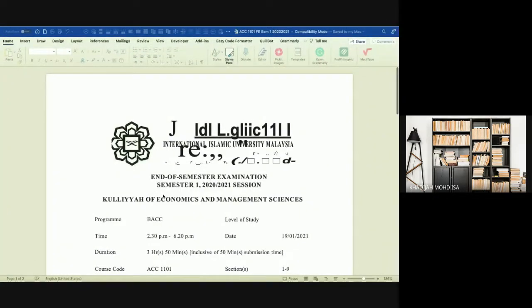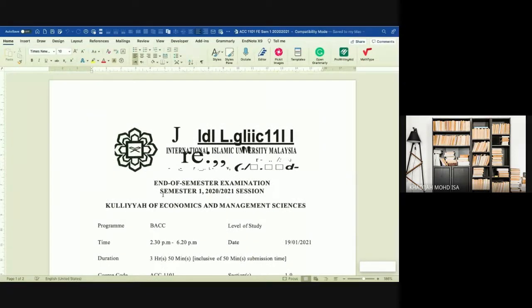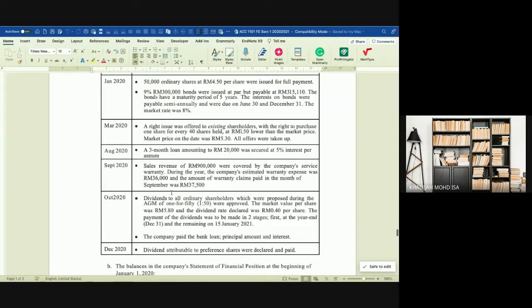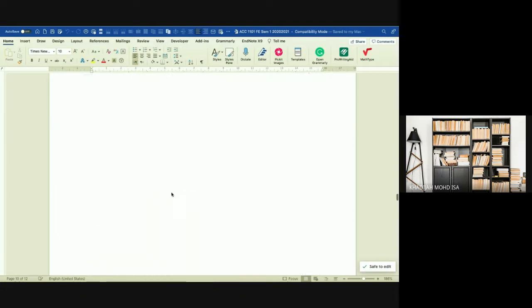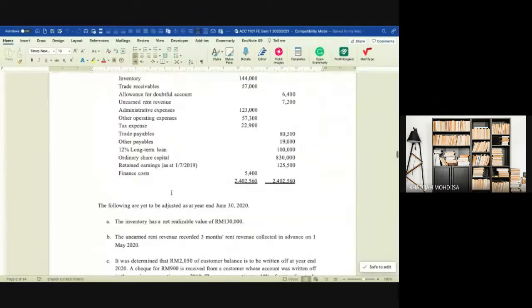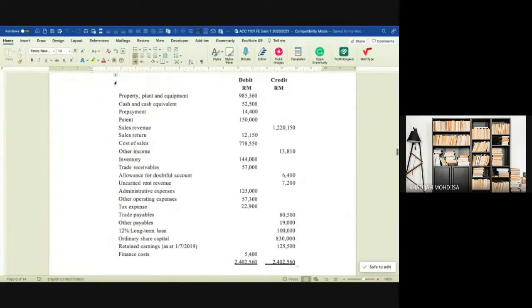Let me see if I can copy paste the information from the Google. Right. So let me, is this the question? Question 1. Right. So given this information, I want to show you how to prepare to do this question.